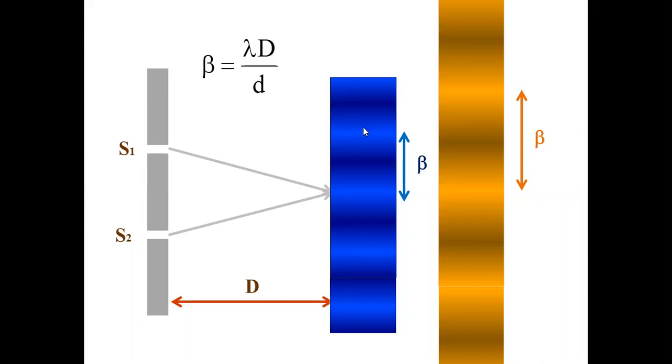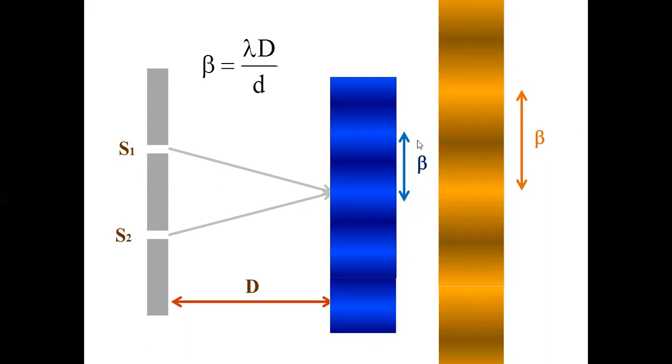Suppose the first blue is formed here, the next blue is formed here, and the next blue is formed here. So when you keep on increasing the blue fringes, the fourth bright of blue may coincide with the third bright of red, isn't it? That is possible. We will come to that problem later on.